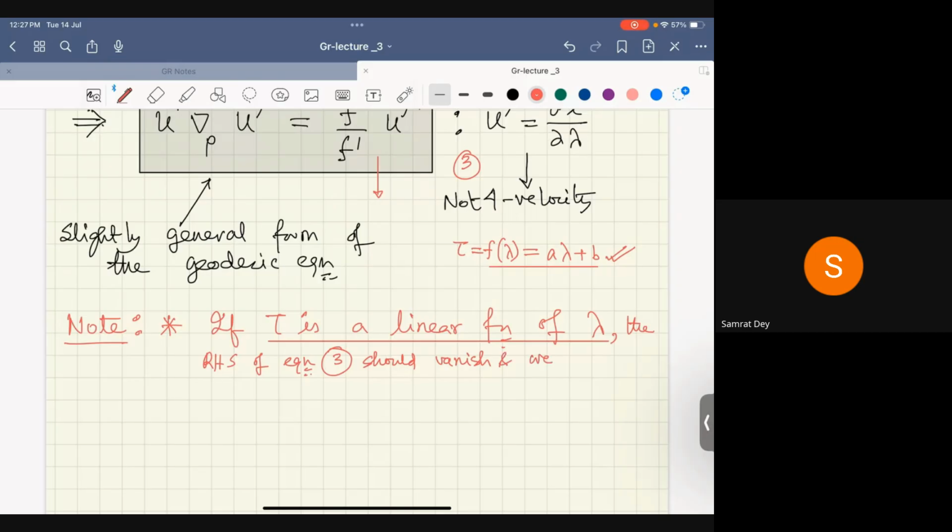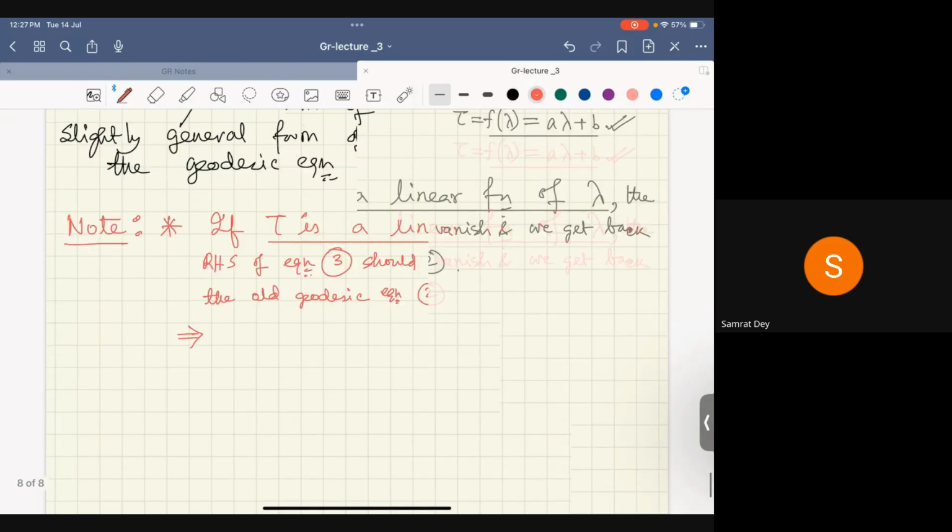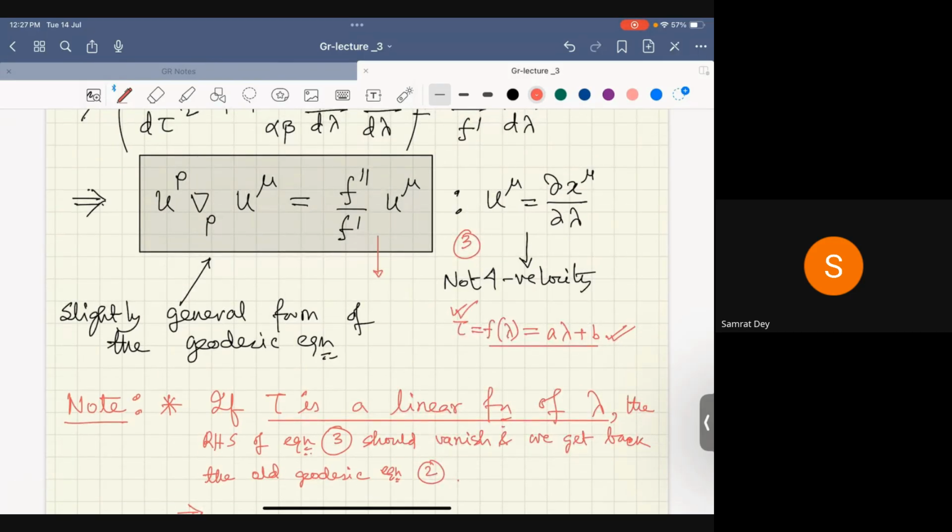And we get back the old geodesic equation, which we wrote down in equation 2. It says that if tau is a linear function of lambda, then it is giving you the same geodesic equation with the right hand side being 0.